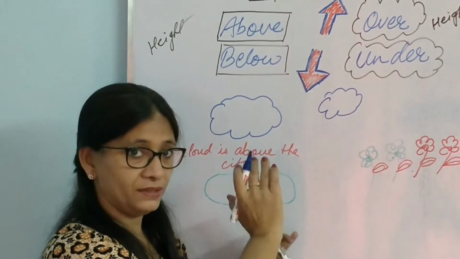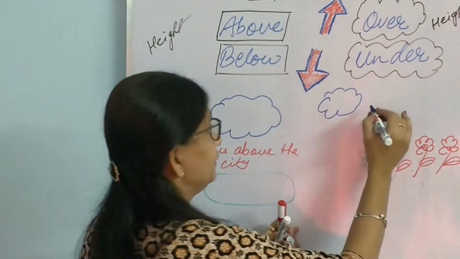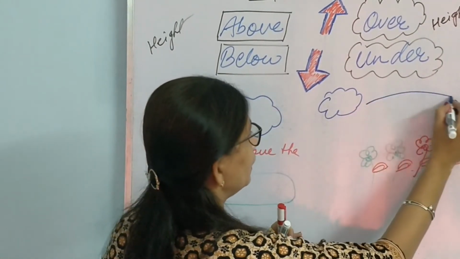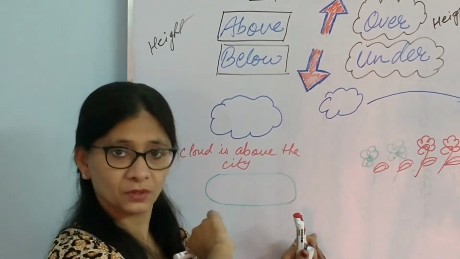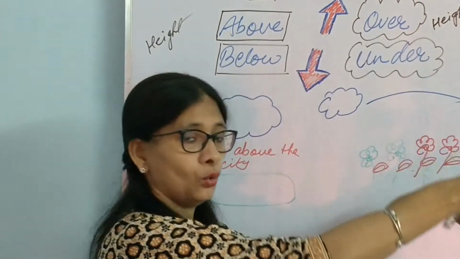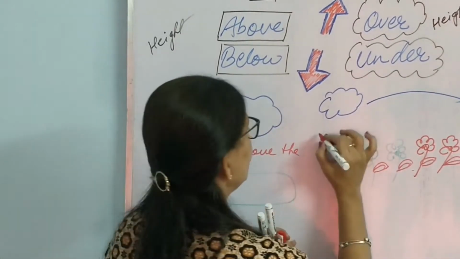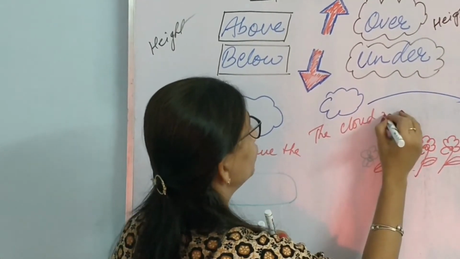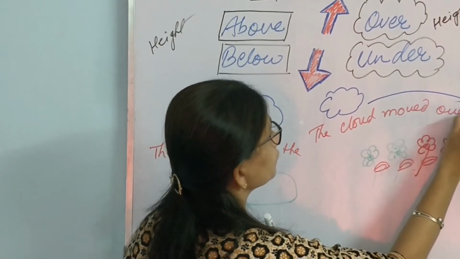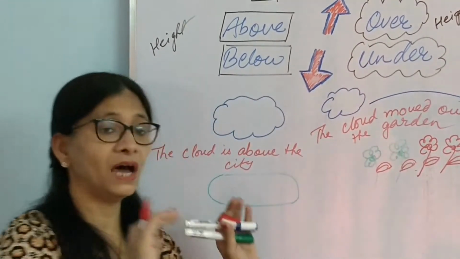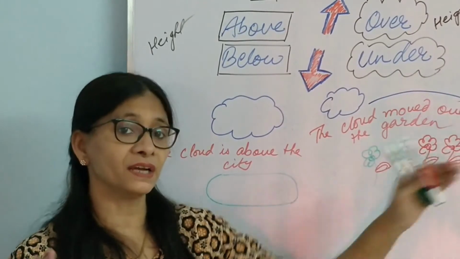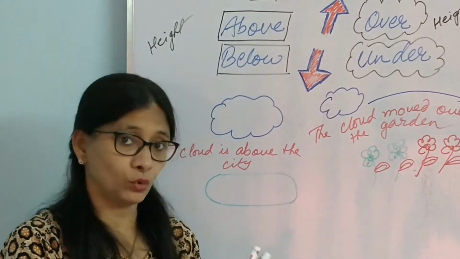Now this cloud is very active. It came and just flew by, coming and just floating over. So here we shall say: the cloud moved over the garden.